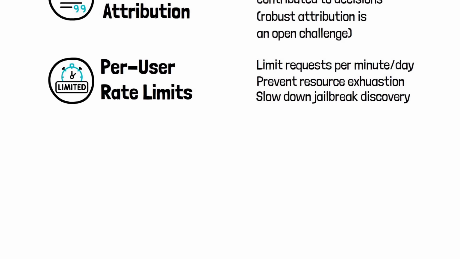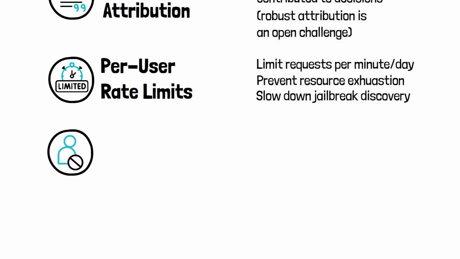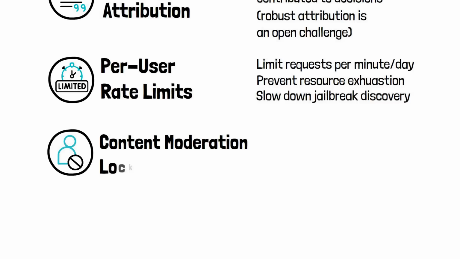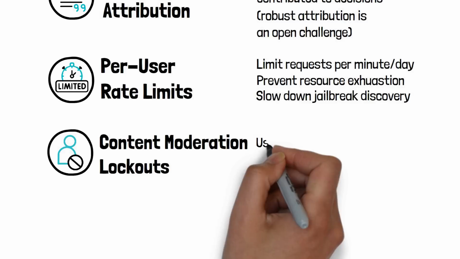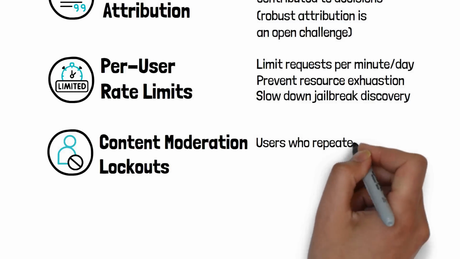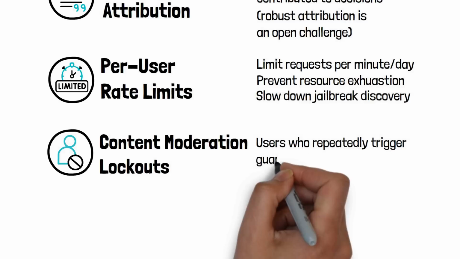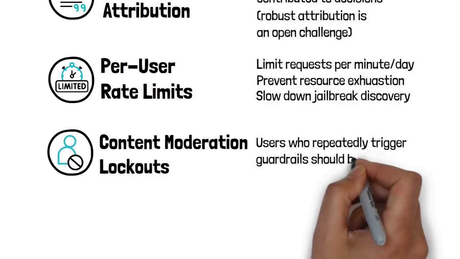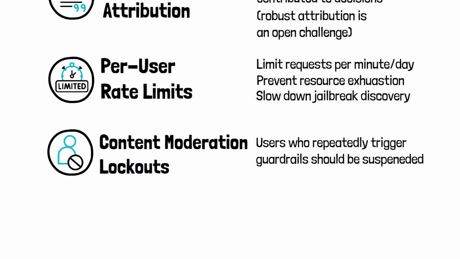Alongside rate limiting, I usually suggest content moderation lockouts. This is similar to account lockout after too many failed password attempts. If a user repeatedly triggers guardrails or content moderation events, their account should be automatically suspended for a period of time.